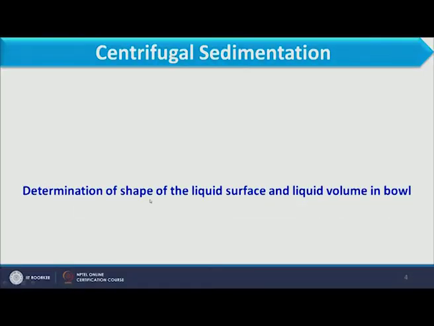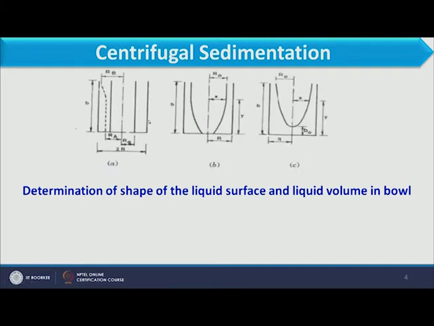So, to start this, here we will discuss the shape of the liquid surface and liquid volume in the bowl. Now, to derive the expression, first of all we should understand what type of trajectory is observed during the centrifugal action in a bowl.